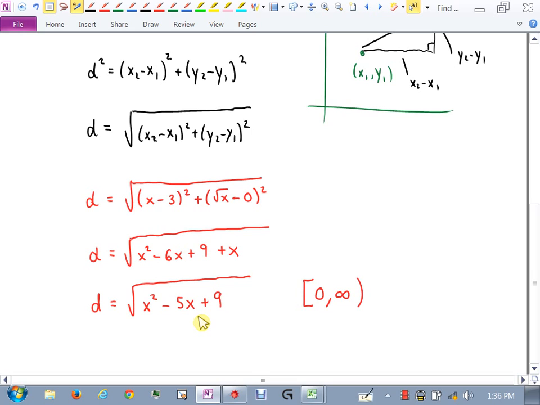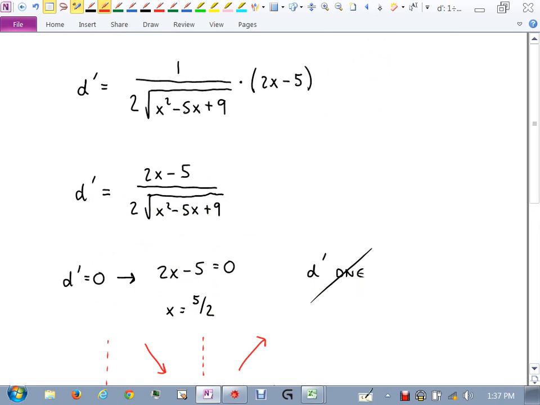I'm going to go 2.5 squared minus 5 times 2.5 plus 9. Then I'm going to take the square root of that answer. 1.65 something.